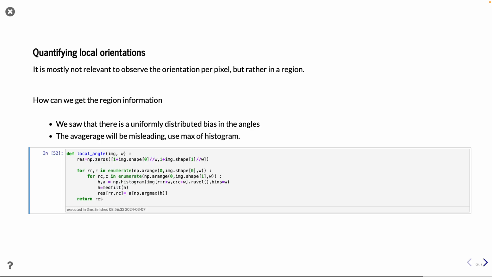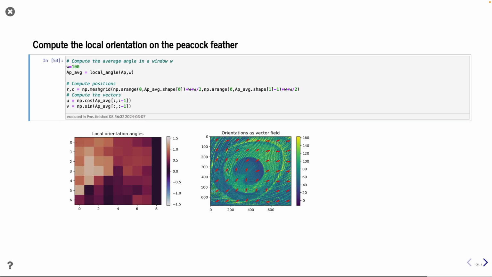We need to do patch-wise comparisons, and then from that we can get these local orientation angle images, which may be a bit difficult to comprehend. But if we instead show them as a vector field, we pretty nicely see which trend these orientations have.